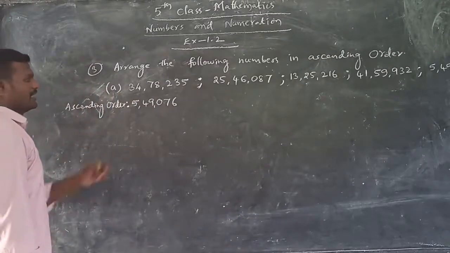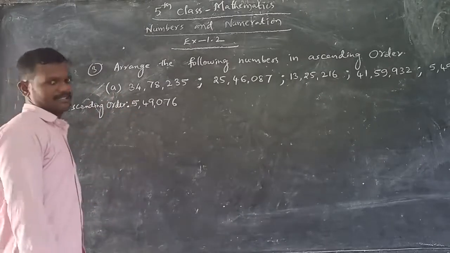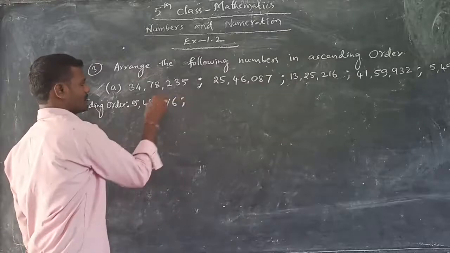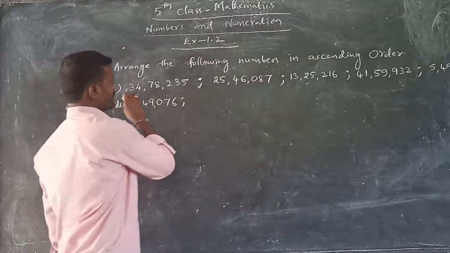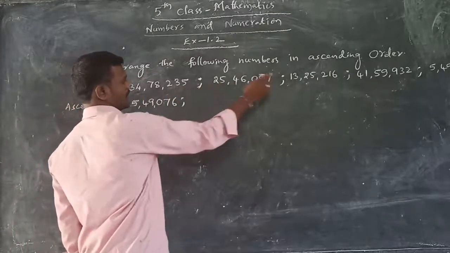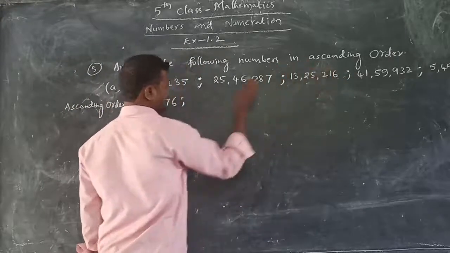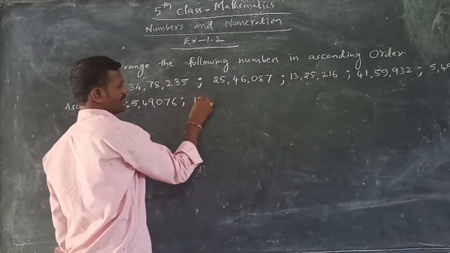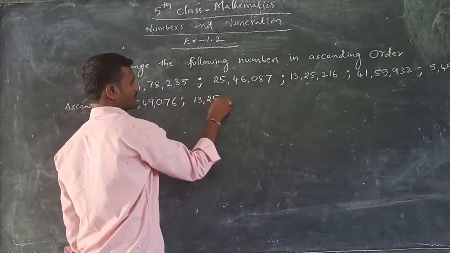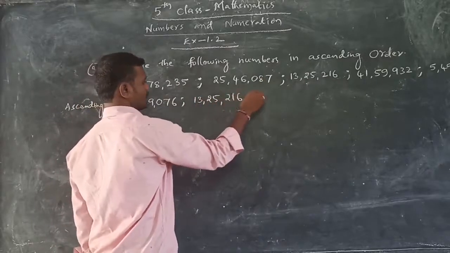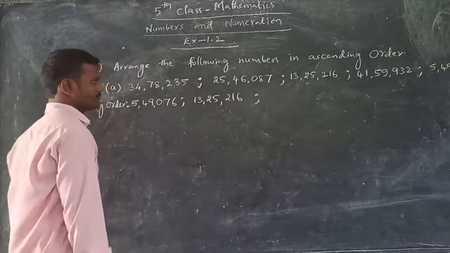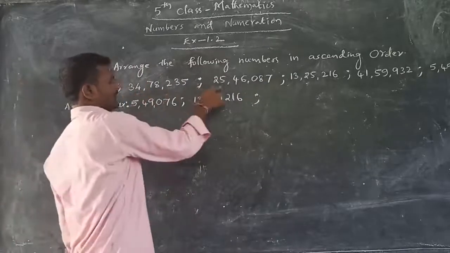Okay. 5,49,076. What is the second number? After 5 lakhs, next one. 34, it is 25, it is 13 and 41. Which is the smallest? 13 lakhs is the smallest. So 13 lakhs, 25,216. Similarly, next one. 34, 25, 41.